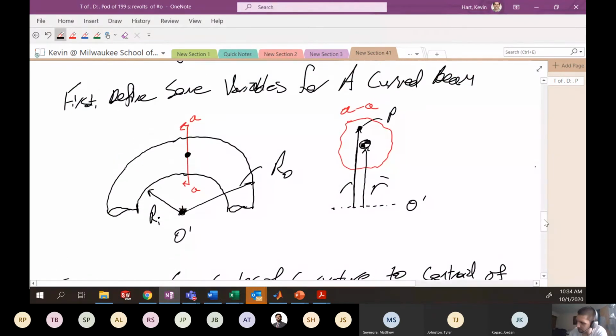So here's our picture of our curved beam. And here is how we defined R bar. It's the distance to the centroid of this cross-section. The neutral axis is located slightly in from the centroidal axis. So the neutral axis in this particular cross-section might lie, let's say, right here.